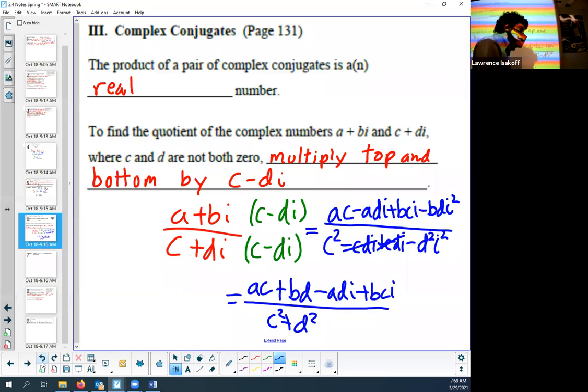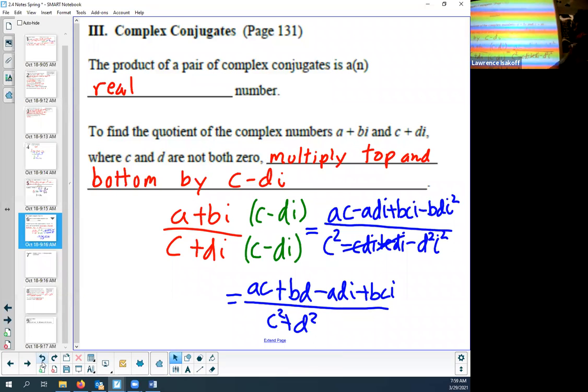And you notice that my i leaves the denominator. There's no more i left here, just only in the numerator. Again, if that looks a little confusing, please don't stress what I did here. We're going to see it with real numbers, and it's going to make more sense with real numbers in one moment.